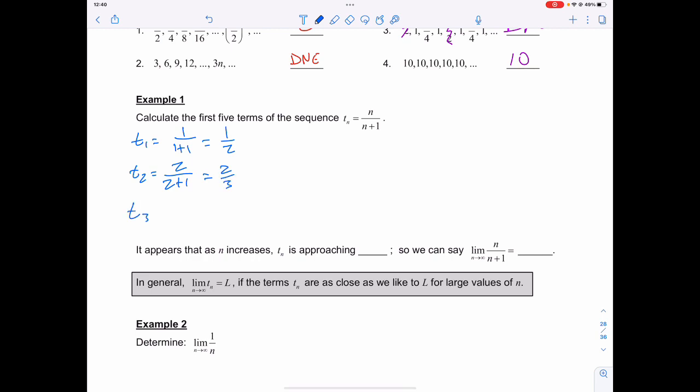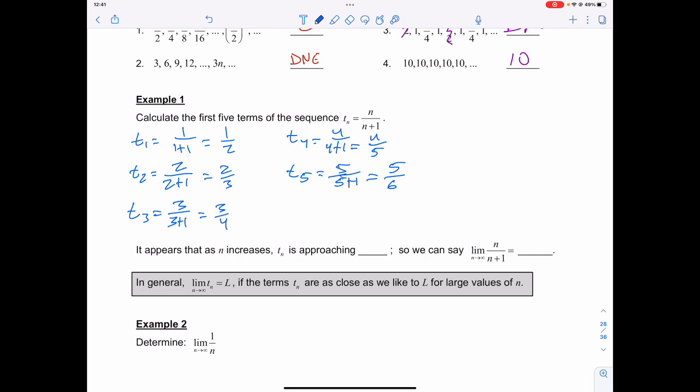Term 3 is going to be 3 over 3 plus 1, or 3 over 4. Term 4 is going to be 4 over 4 plus 1, or 4 over 5. Term 5 is going to equal 5 over 5 plus 1, which is going to give me 5 over 6.